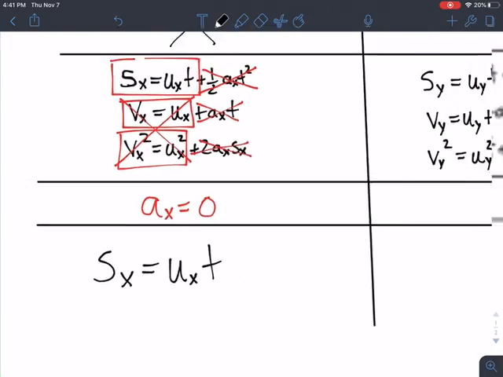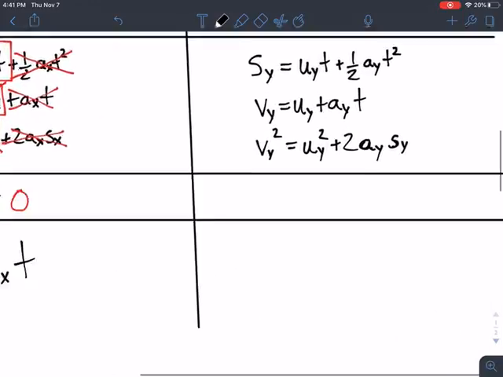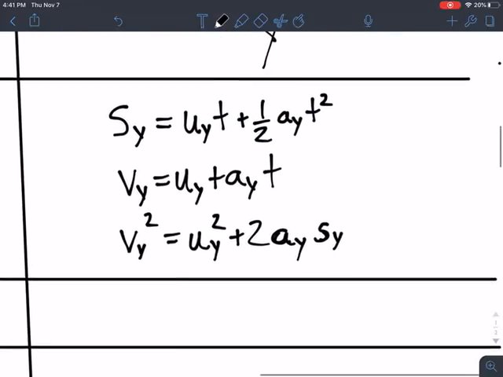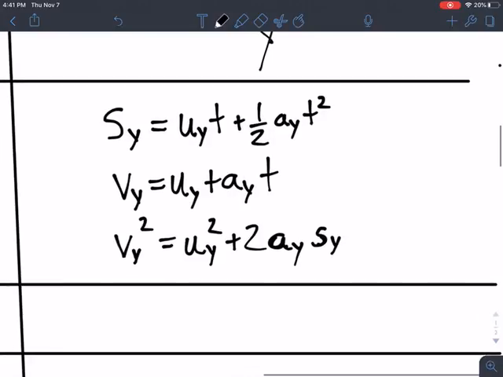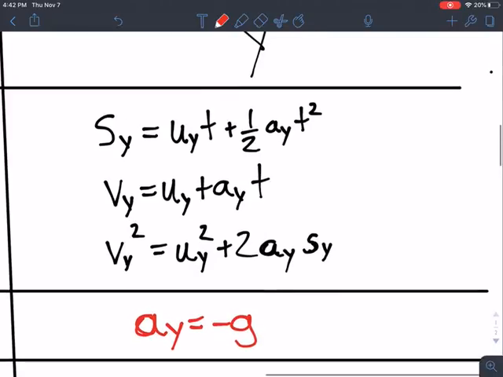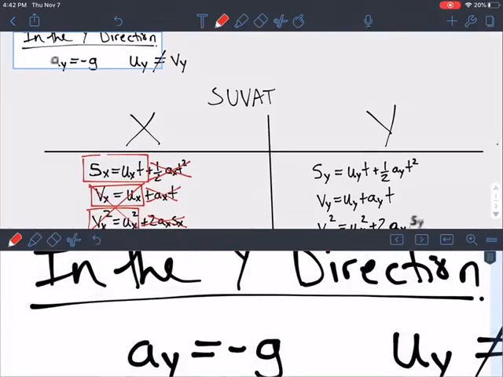So let's go ahead and go to the y direction and do the same thing. Except we talked about, instead of ay being 0, ay is equal to negative g, or gravity, or negative 9.8. Alright, so how does that affect this equation?